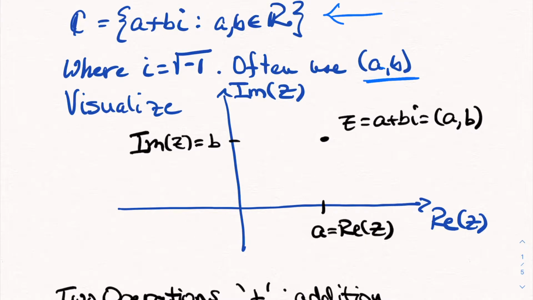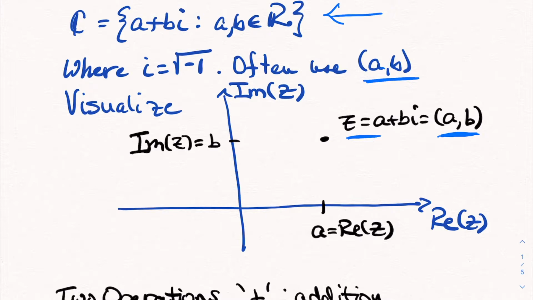And so we can think about labeling that in the form of a little vector or a little point in R2, for example. And we can do that if we label the horizontal and the vertical axis according to the real part and the imaginary part of any complex number z, like you see here.